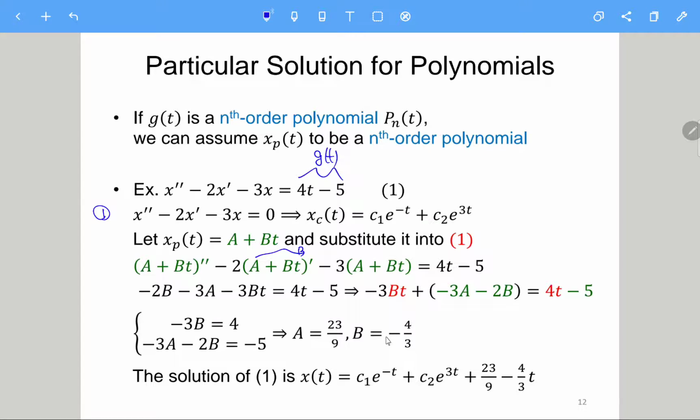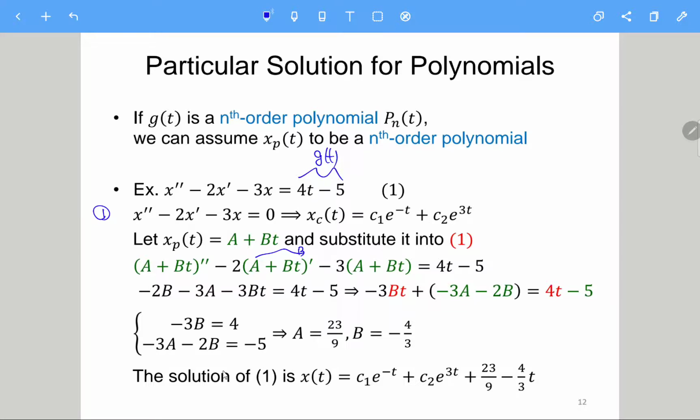Which means the particular solution is minus 23 over 9 plus minus 4 over 3 t. So finally we have xp and also xc.